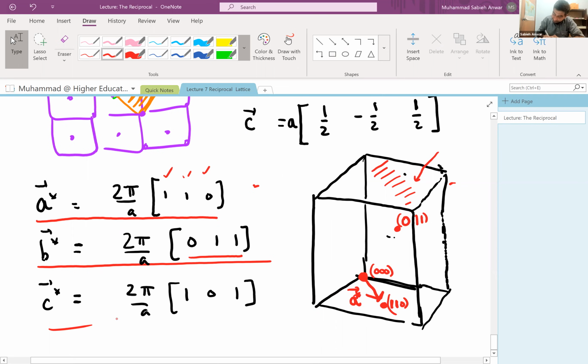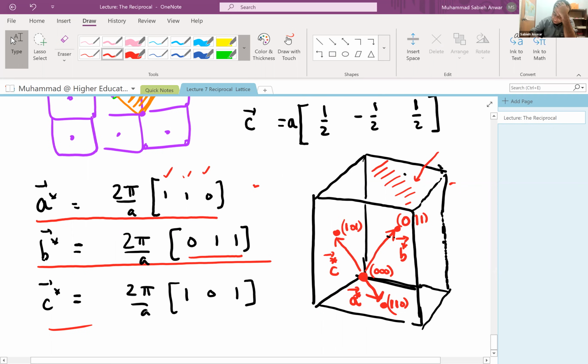The third point, C star, and this is my B star. The third reciprocal lattice vector is C star. This is at 1, 0, 1. So it gives me a point at the center of this face. This is C star, and this point represents the plane 1, 0, 1.